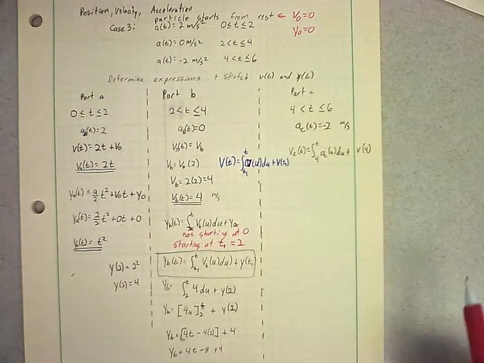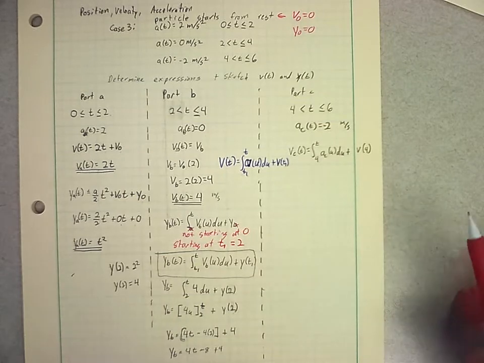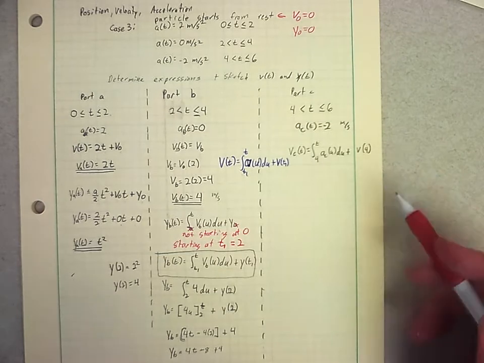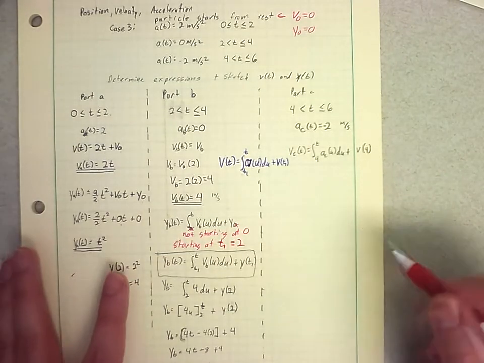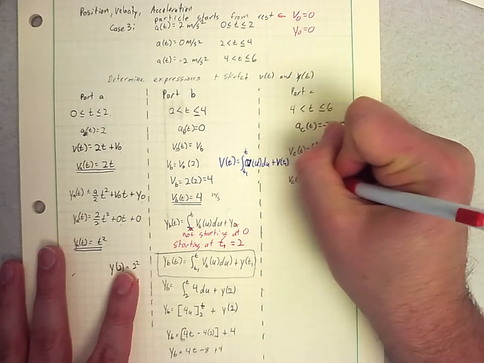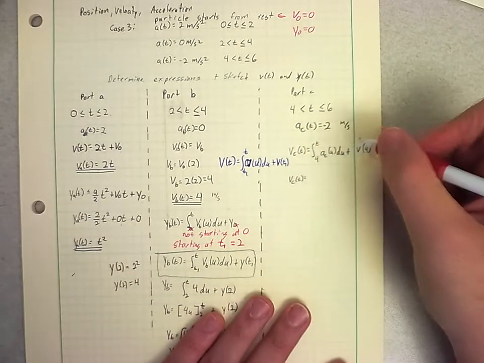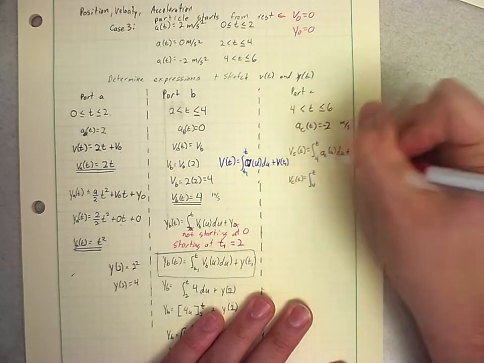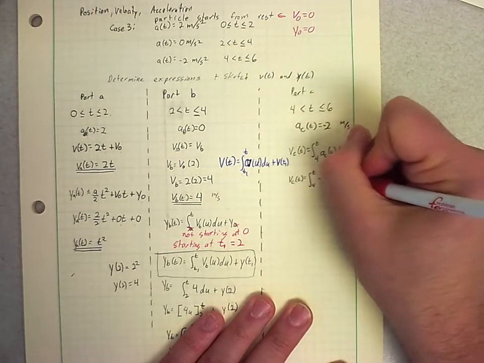Again, when I'm at 4, I can't just suddenly shift velocities automatically. An acceleration has to happen. So it has to line up there. So I'm going to have to figure out what that is. But as we go through, what that tells me is I have the integration from 4 to t. My acceleration is negative 2.